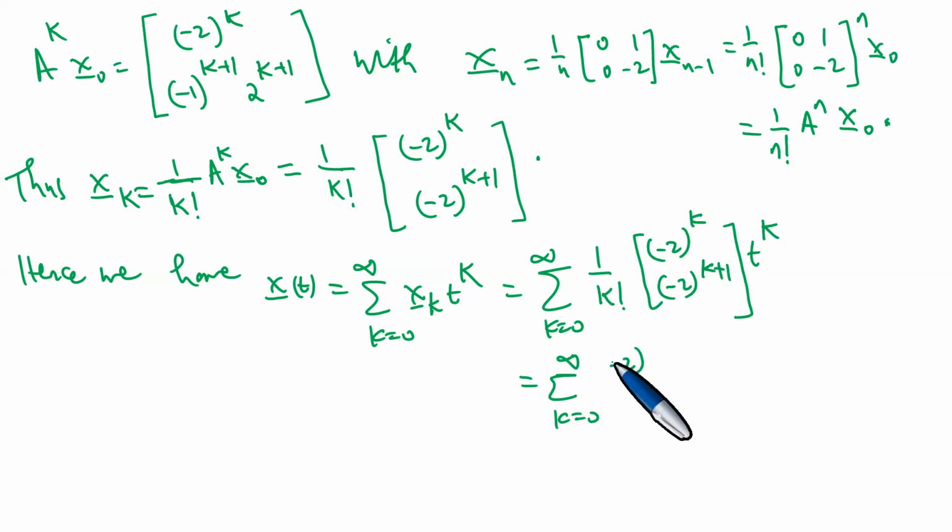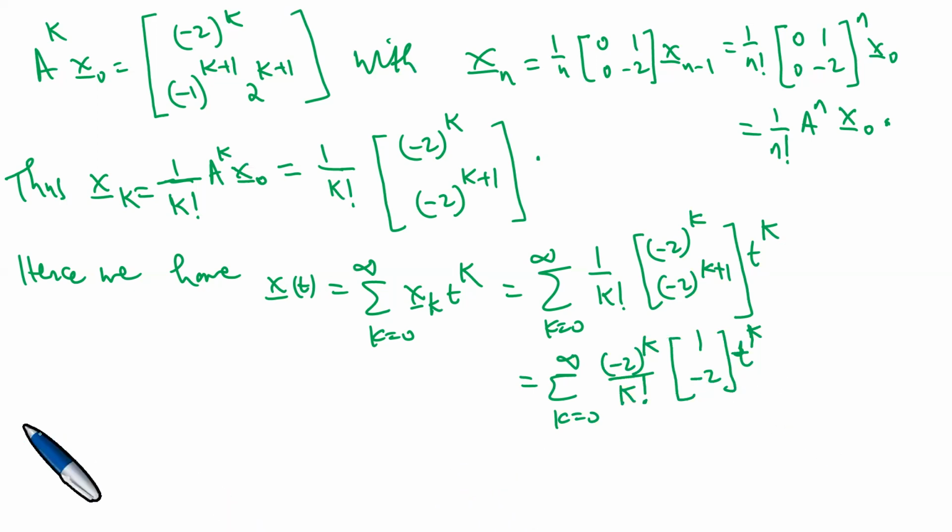So minus 2 to the power k, and now you have 1 here, minus 2. Then you have t here to the k. So we have this.